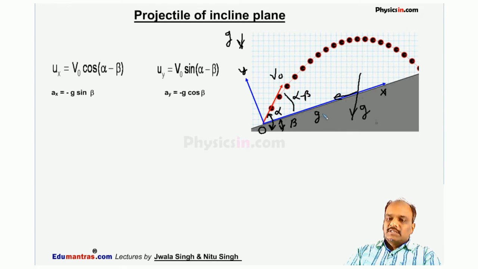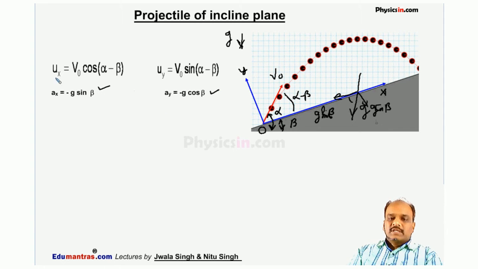This is g sin beta, because this angle is beta, so this is 90 minus beta, and cos (90 minus beta) is sin beta. The other component of g, perpendicular to the inclined plane, is g cos beta. So the acceleration of the particle in air along the incline is ax equals minus g sin beta, and ay is minus g cos beta.